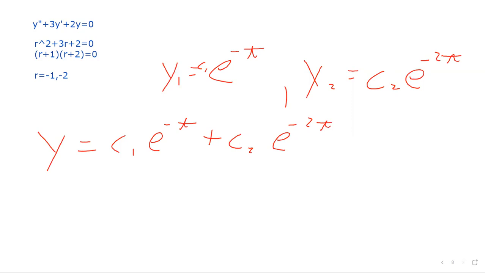And if you go ahead and find your first derivative and your second derivative, then you can plug it in and you will see that these things do indeed work out.